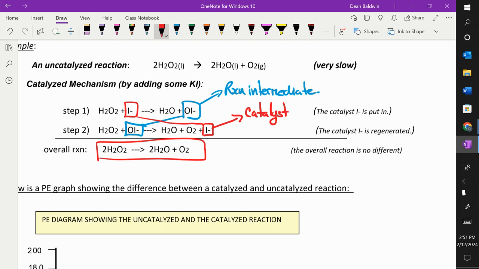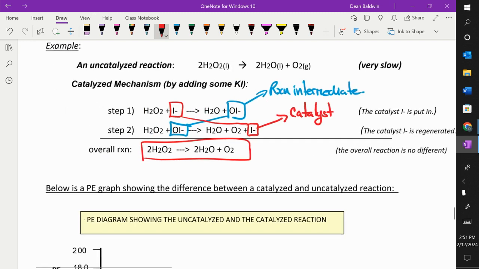Yes. Catalysts are on the left side first and then they come out on the right side. A reaction intermediate forms on the right side and then gets used up in another step. Okay? It doesn't have to be the next step. It just has to be some step, but it'll be on the left side. So a reaction intermediate is like right, left. A catalyst is left, right. If that makes sense.